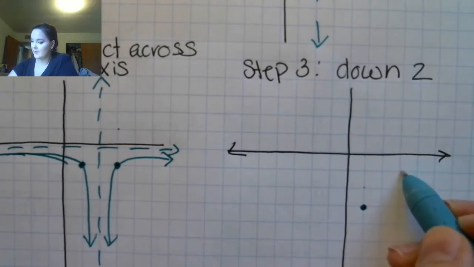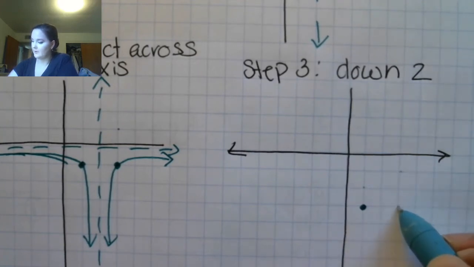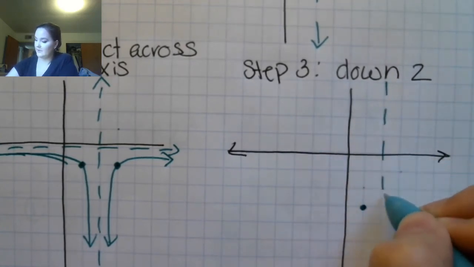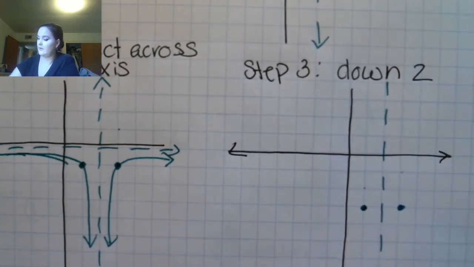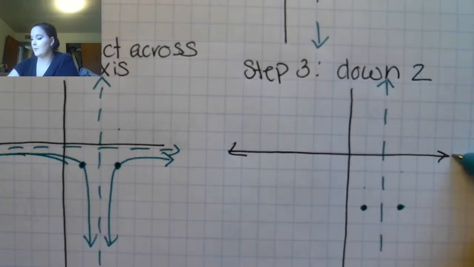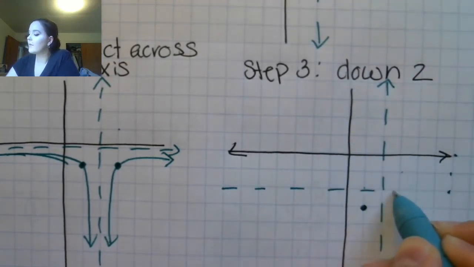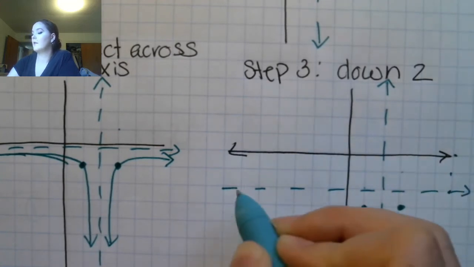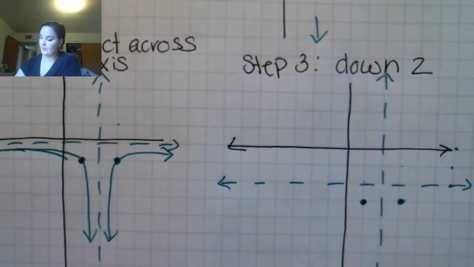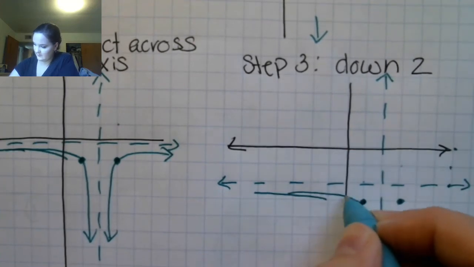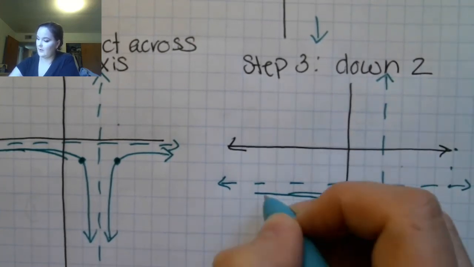Take my key point that was here, move it down 1, 2. Shifting a vertical line down doesn't make it look any different. And I'm going to take my horizontal line and move it down 1, 2. So now my horizontal line is here. And this gives me my final graph.